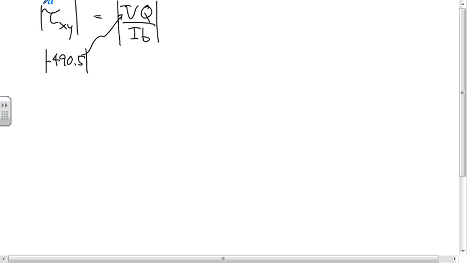You could write it like this. I is the same as it was for bending, and so that's equal to 0.001041. B is the thickness of that rectangle, so that's 0.1.